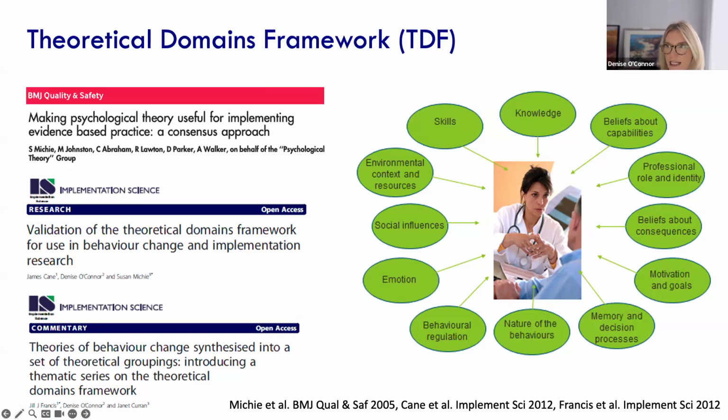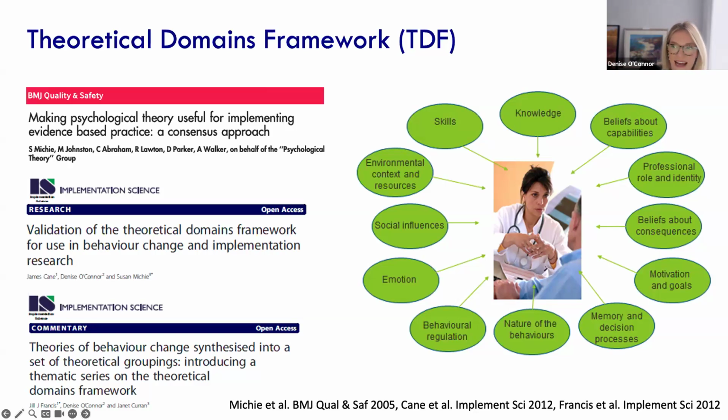So things like our knowledge are likely to influence whether or not we enact a particular behaviour in clinical practice. What we think about the consequences of doing that is going to influence our behaviour.